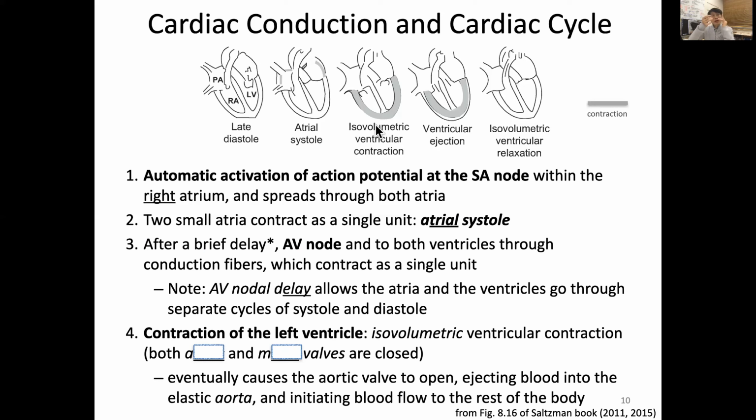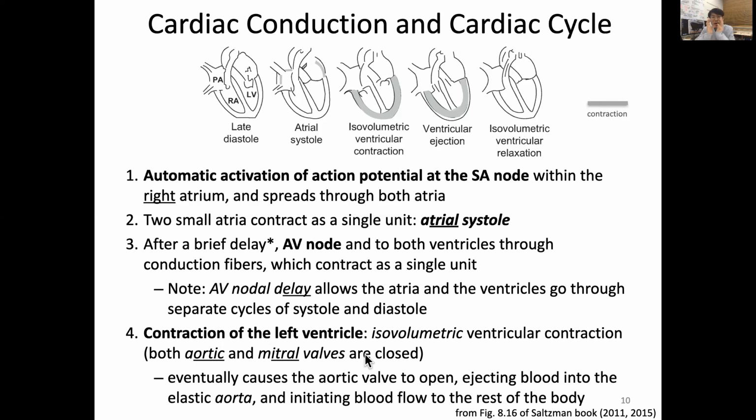So when two valves are closed, the volume won't change because it's a liquid. That's why we call it isovolumetric ventricular contraction, which means both the aortic and mitral valves are closed.